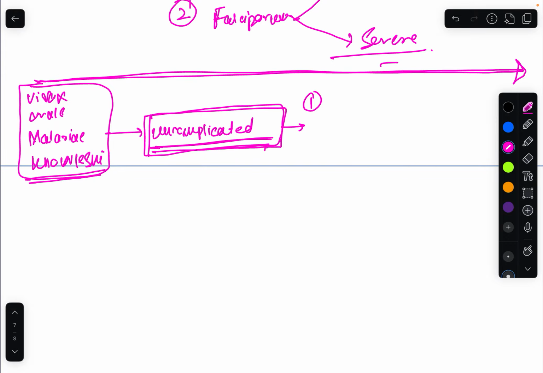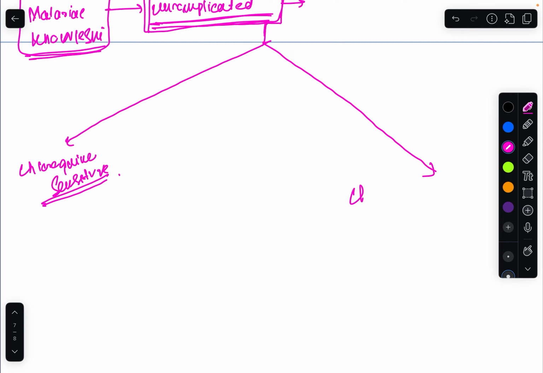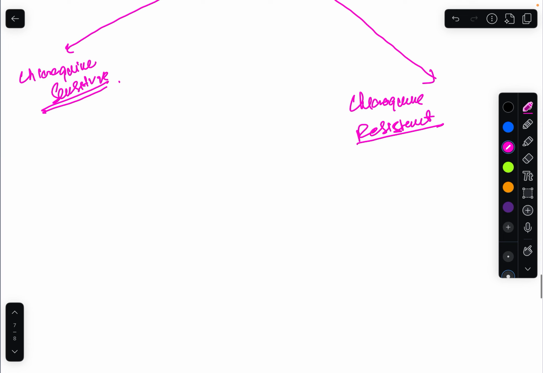There are 2 pathways. One is if the Plasmodium is chloroquine sensitive, then obviously the drug of choice will be chloroquine. If the malaria is chloroquine resistant, the other pathway applies. So first, if the Plasmodium is chloroquine sensitive, then we will give chloroquine 250 mg. How will we give it?